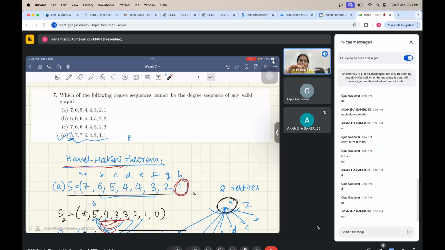Right, you can definitely try to use brute force and look at all possible graphs, and check whether you can achieve this sequence or not. But if the number of vertices or the degree sequence is very large, this can be difficult or time consuming, whereas this theorem gives you a quick one-shot answer.